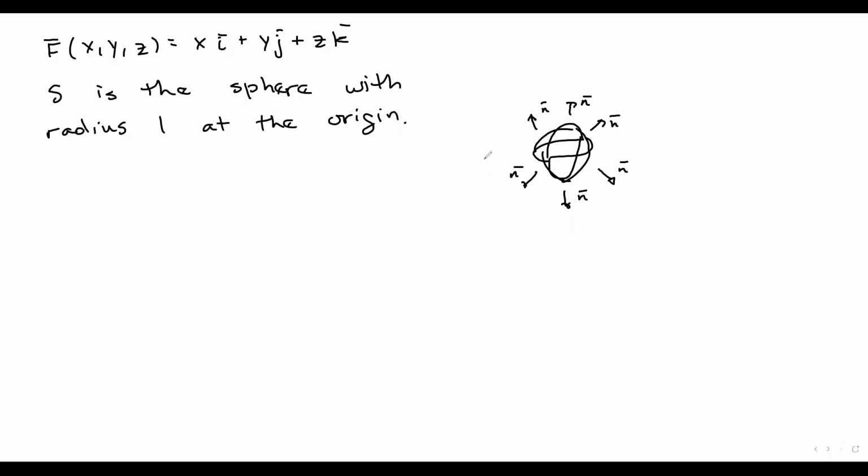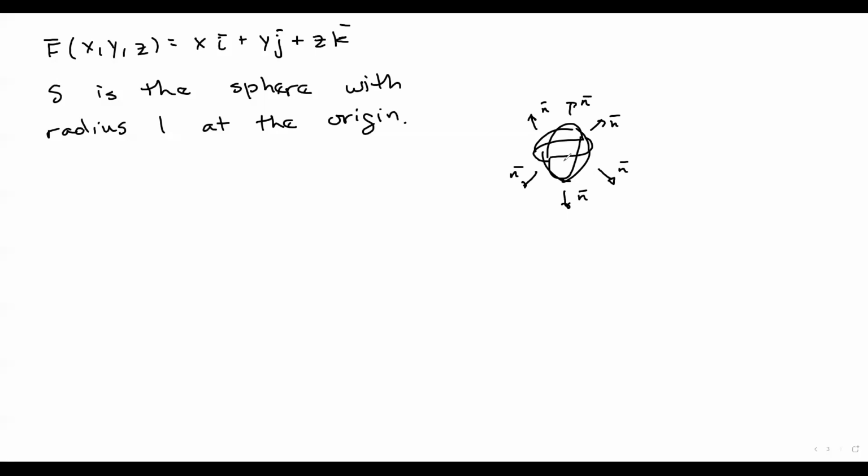So there's a couple ways you could do this. You could represent this in terms of x, y, and z, and then solve for z and have a top half and a bottom half. When you do that, you need to do 2 integrals.